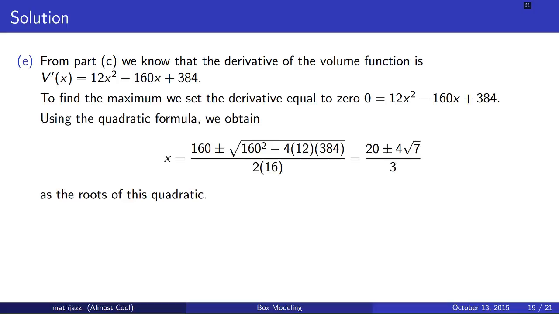Using the quadratic formula, we find that x is equal to 160 plus or minus the square root of 160 squared minus 4 times 12 times 384, divided by 24, which simplifies to x equals 20 plus or minus 4 times the square root of 7, divided by 3.